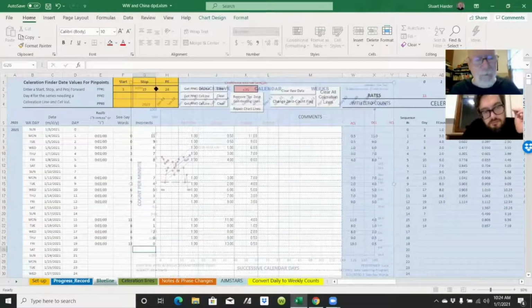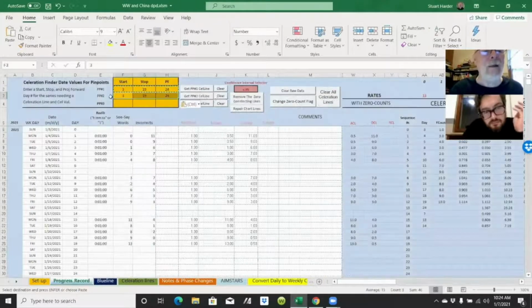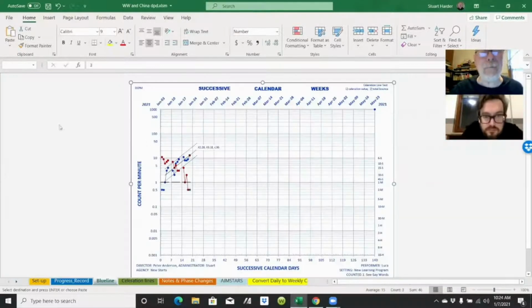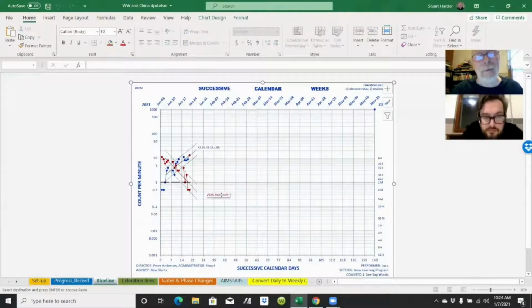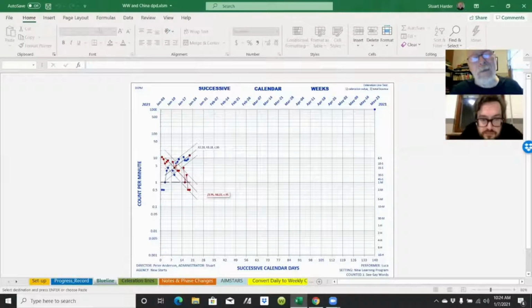So let's just copy and paste in on row 2 for the pinpoint number 2 or the incorrects. And let's calculate that. And there you have the line of deceleration.